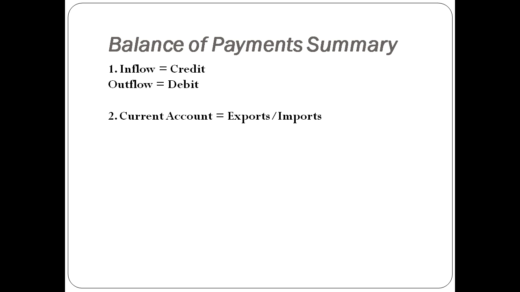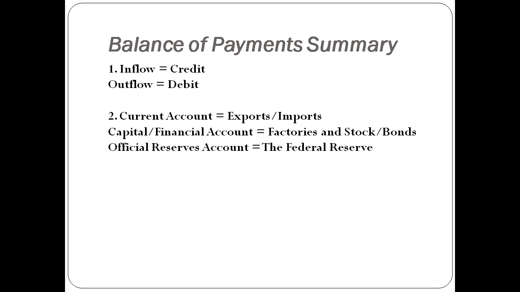So it's important to understand that when we're talking about the current account, generally we're talking about exports and imports. When we're talking about the capital financial account, oftentimes when we're doing the scenarios, they will involve factories and or stocks and bonds. And the official reserves account will refer to the Federal Reserve doing stuff.